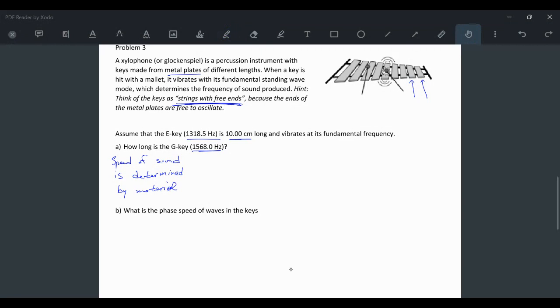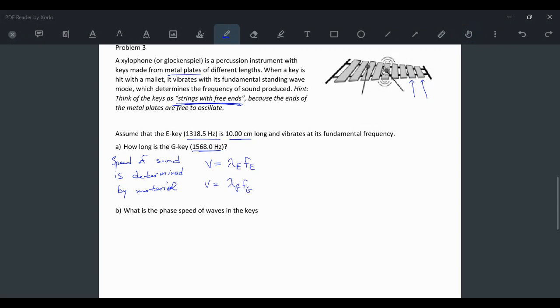So what this means is, imagine we have the wave equation, V is equal to wavelength times frequency. We could write this down once for the wavelength in the E key times the frequency of sound that we associate with E. You could also write down the same thing for a G, or the key that carries that.